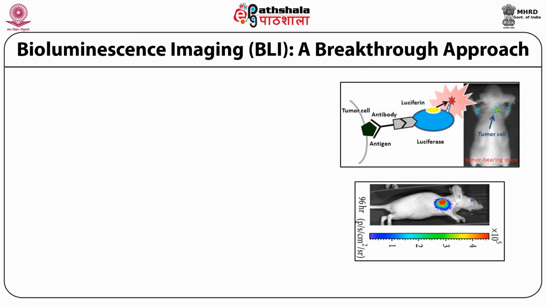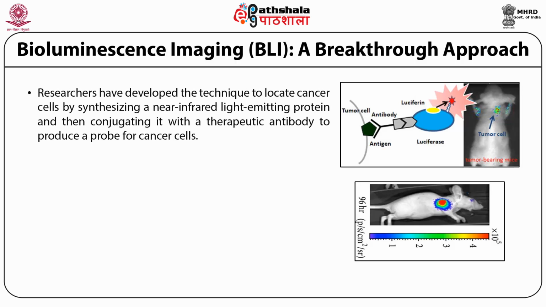Here we discuss bioluminescence imaging. It is a breakthrough in the imaging system of living organisms. You can see here that the researchers have developed a technique to locate cancer cells by synthesizing a near-IR emitting protein and then conjugating it with a therapeutic antibody to produce a probe of cancer cells.